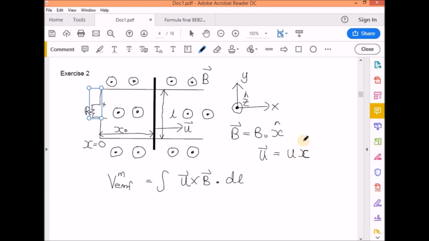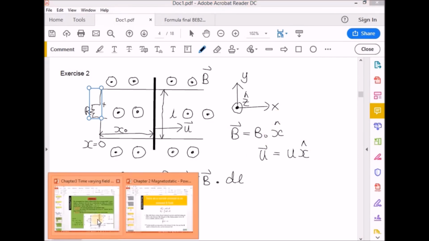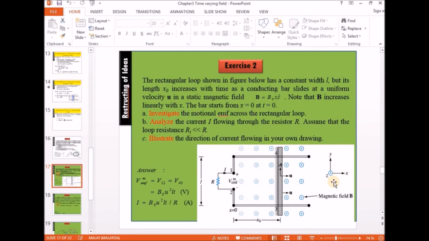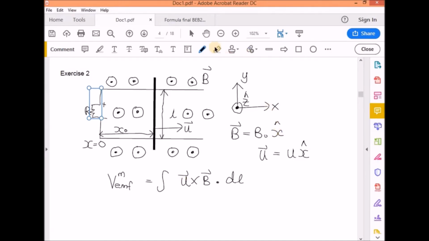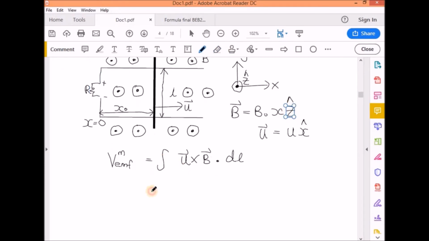So your U will be in the... am I using the wrong Z? Okay, sorry, I'm wrong. This one is X and Z. So the motional EMF. How about the B? B is this one, right?